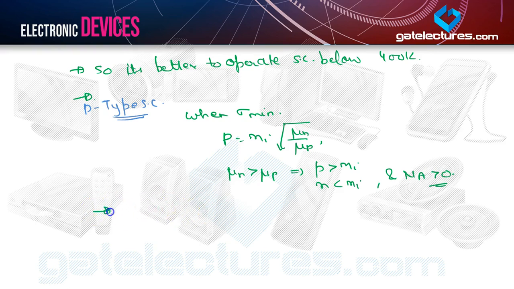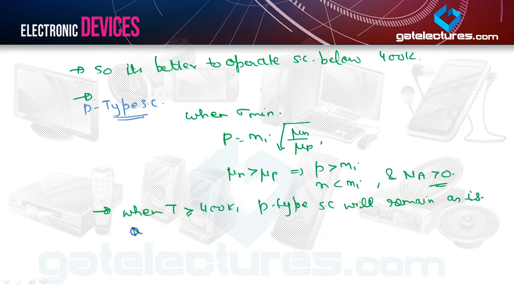So when temperature is greater than 400 Kelvin, the p-type semiconductor will remain as is.